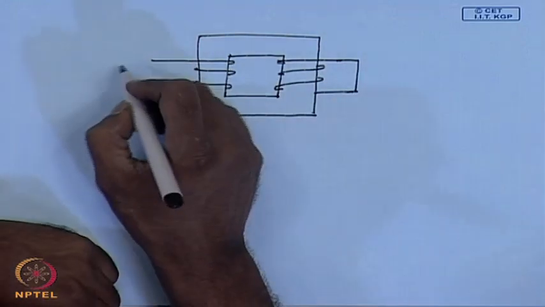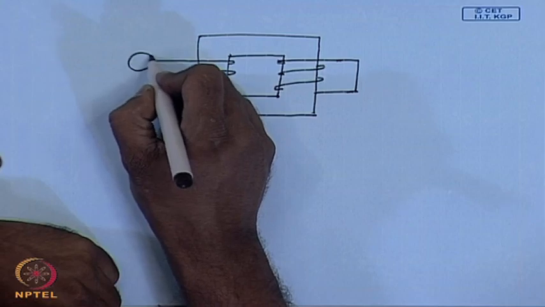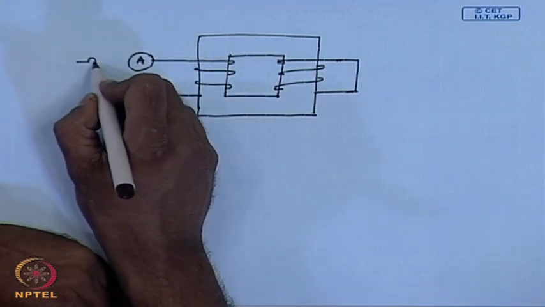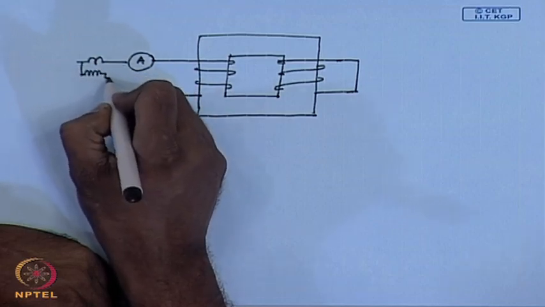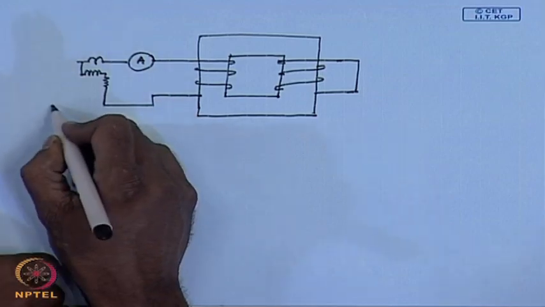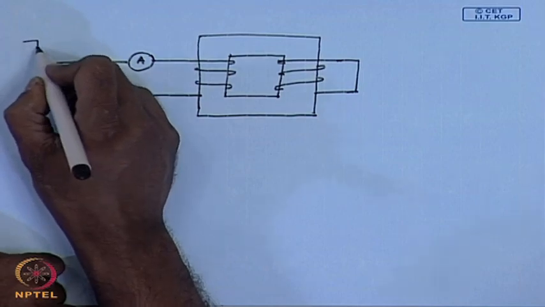On the other side, again we connect an ammeter, we connect a wattmeter, and supply this again from a variac.